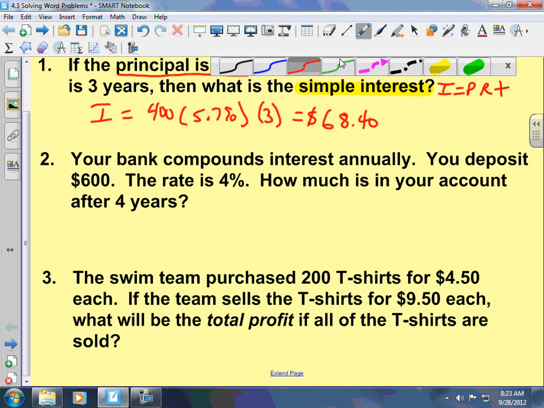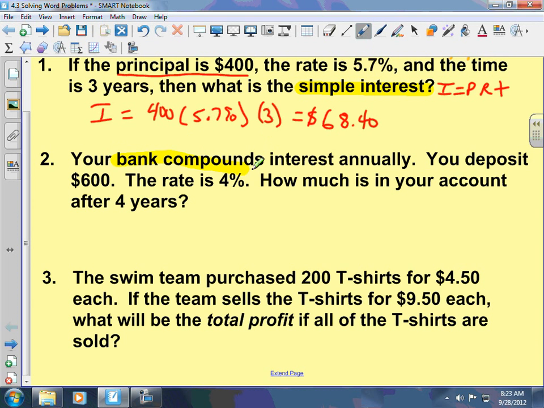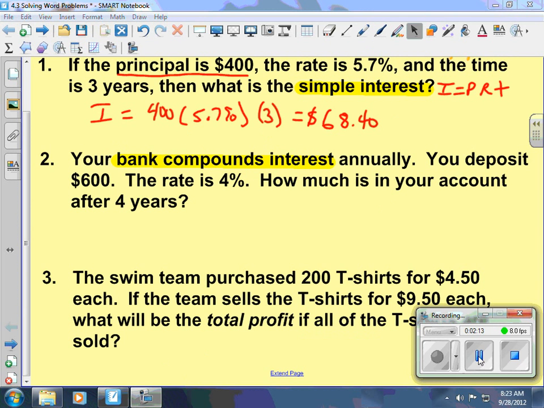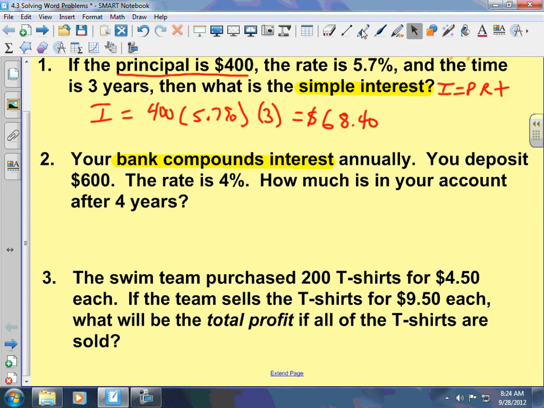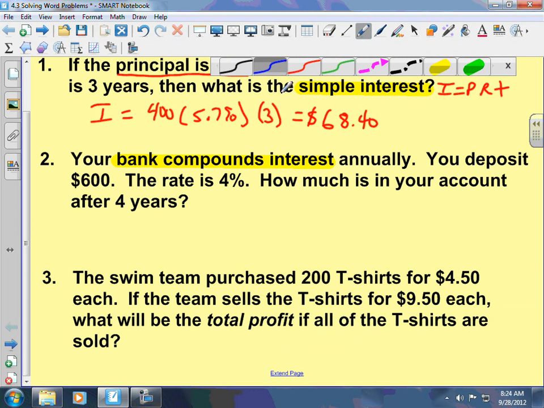This one is compound interest. How do I know it's compound interest? Your bank compounds interest. So, compound interest says compound interest. Simple interest says simple interest.